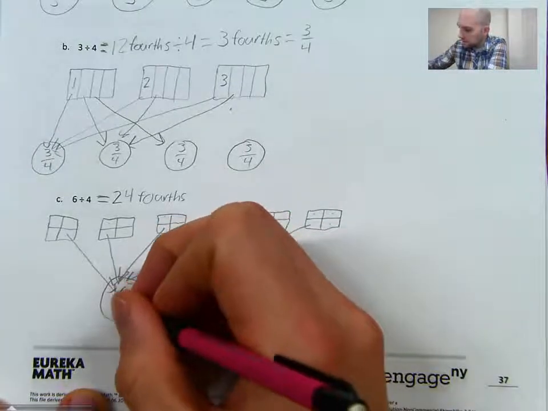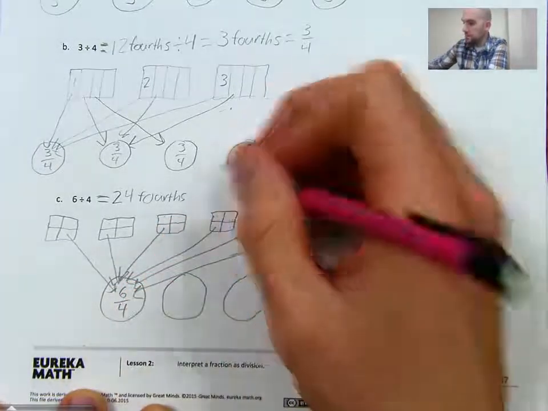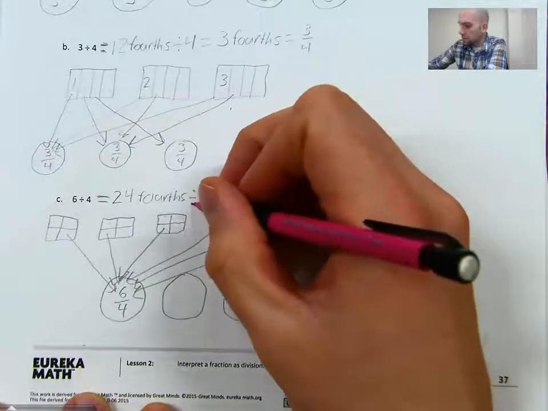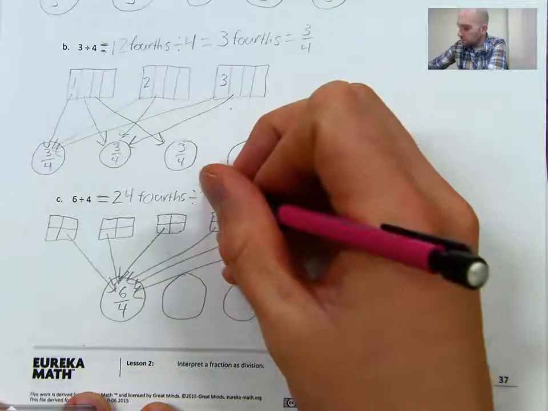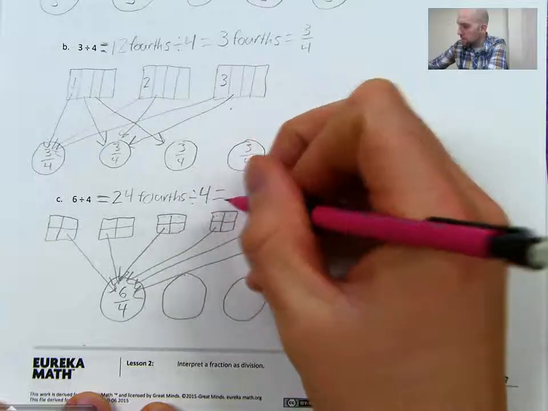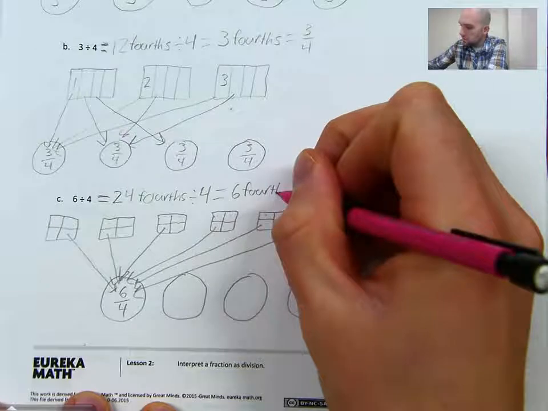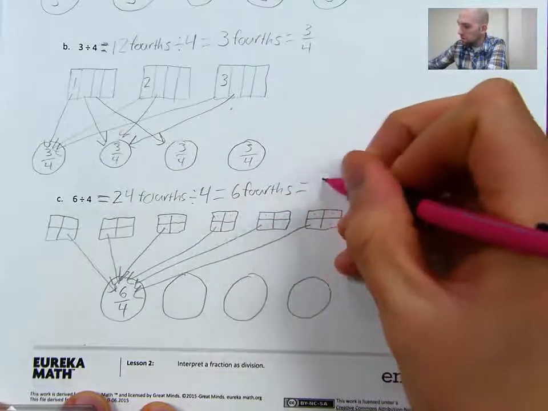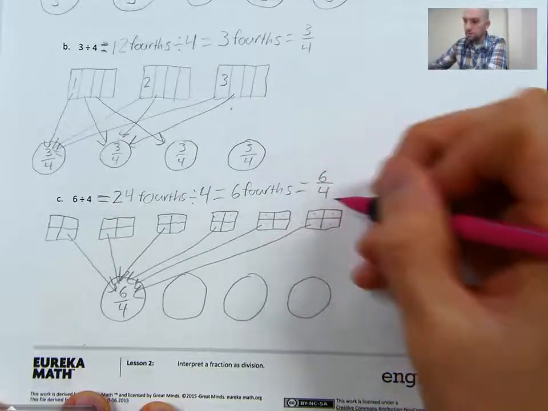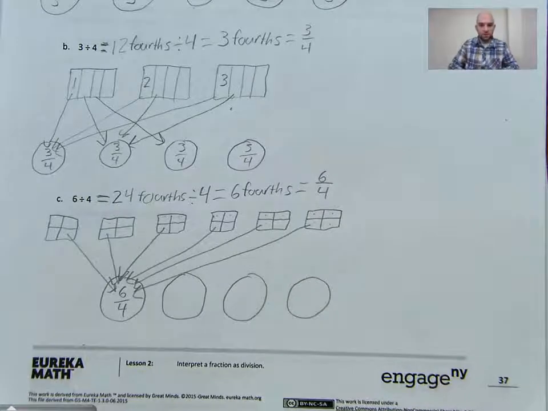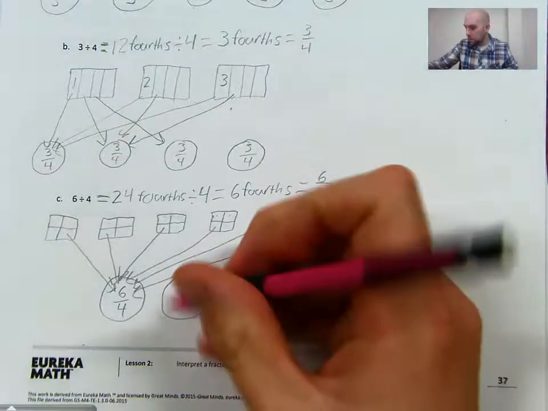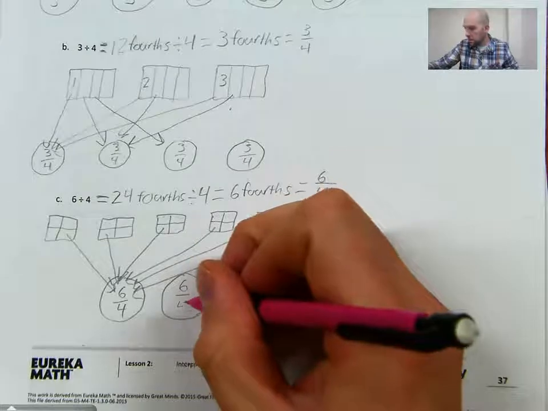And I'm going to have 6 fourths altogether. So I have 24 fourths divided by 4. And I'm going to get 6 fourths, which looks like this. 6 fourths. In each of these other groups, we get 6 fourths.